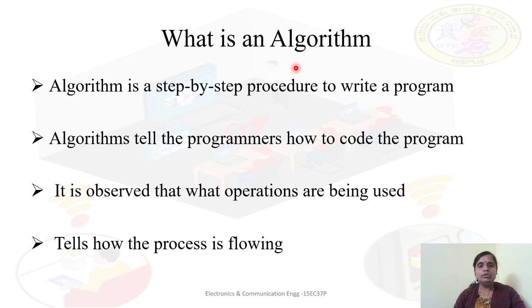In order to do that, you first chalk out some step-by-step procedure and then write a program. This step-by-step procedure to write a program is known as an algorithm, and by seeing this algorithm we can write the code of the given program, and also find out the flow of the process in the program.